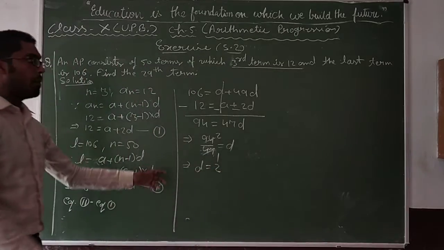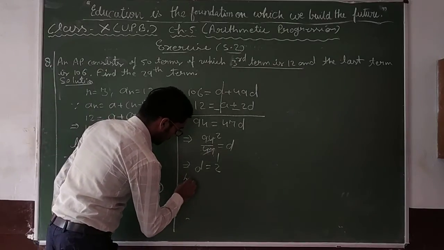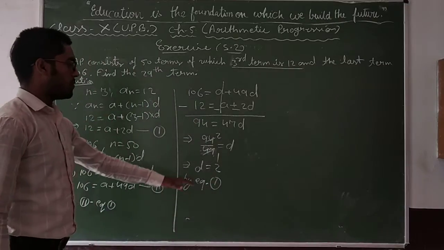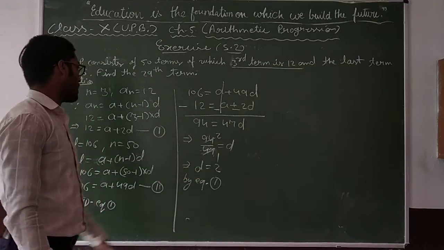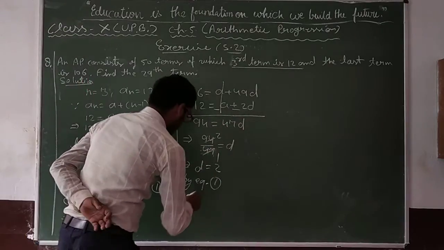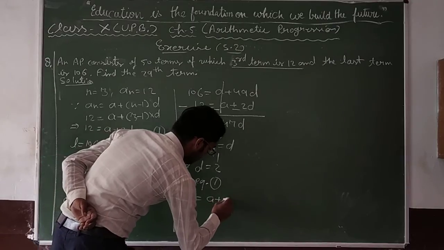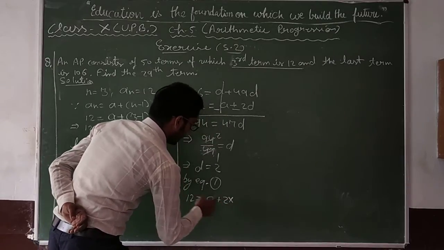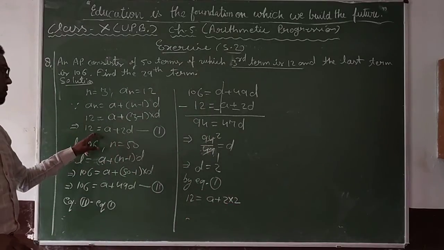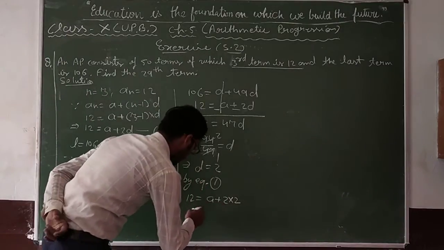Now you have the common difference, d is 2. With the help of equation first, you put the value of the common difference d in equation first, then you get the first term. 12 is equal to a plus 2d, and d is 2. 12 is equal to a plus 2 into 2.